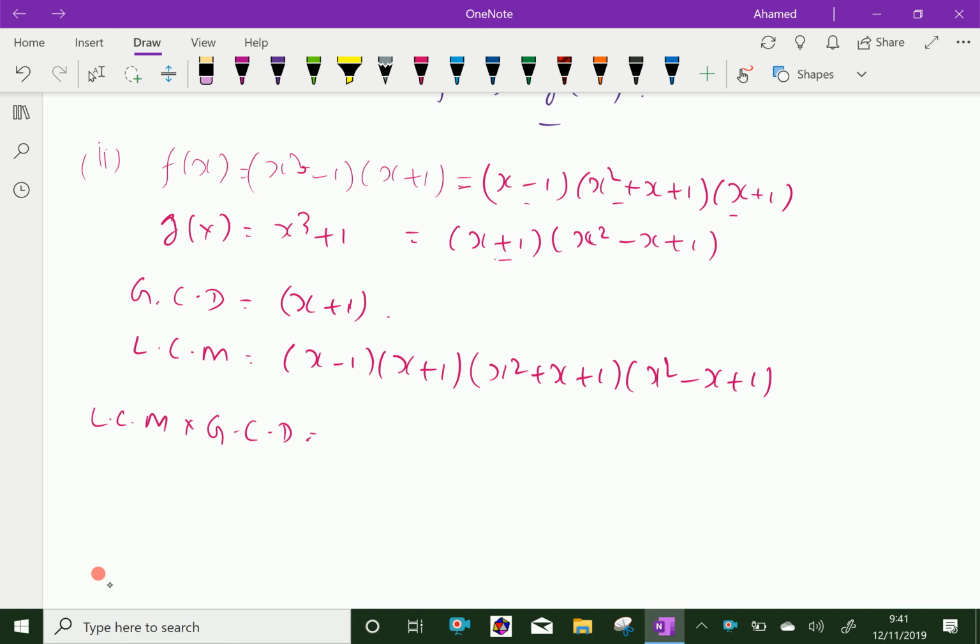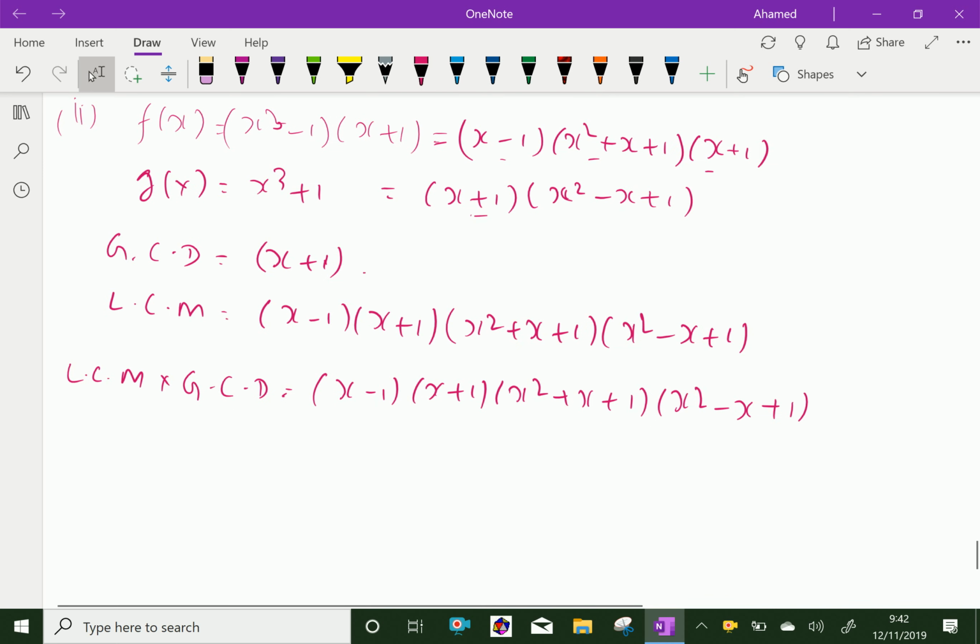LCM is x minus 1, x plus 1 and x square plus x plus 1, x square minus x plus 1, that is LCM into GCD is x plus 1.